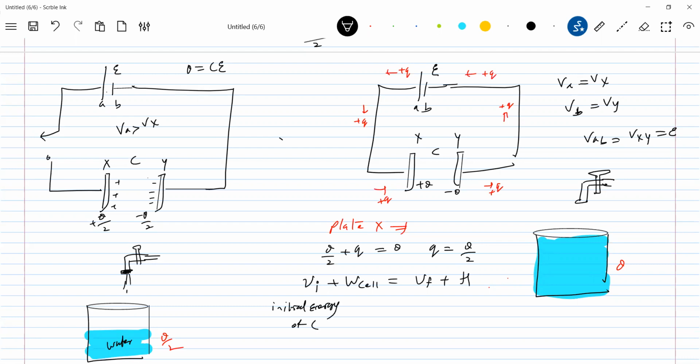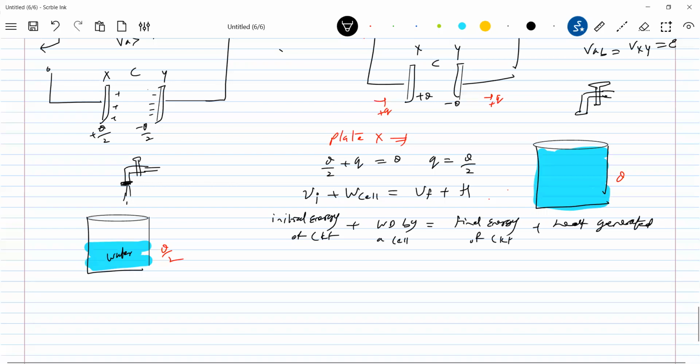Circuit means capacitor. Okay, initial energy in the circuit is Q by 2 whole square by 2C.